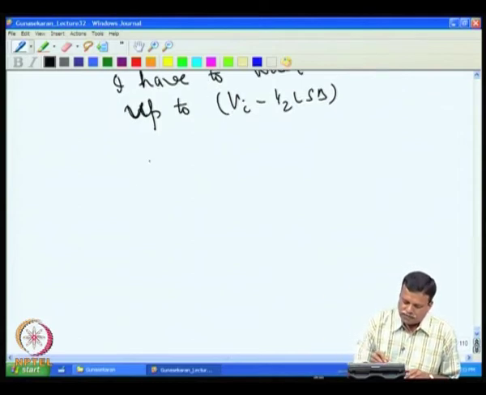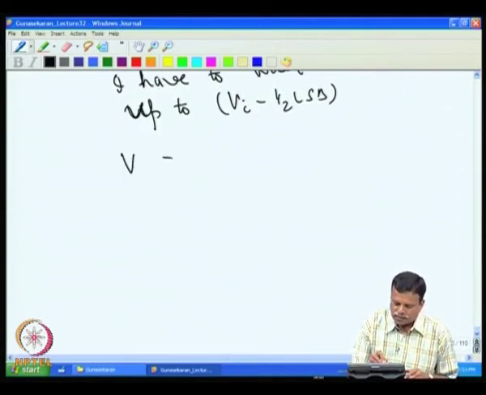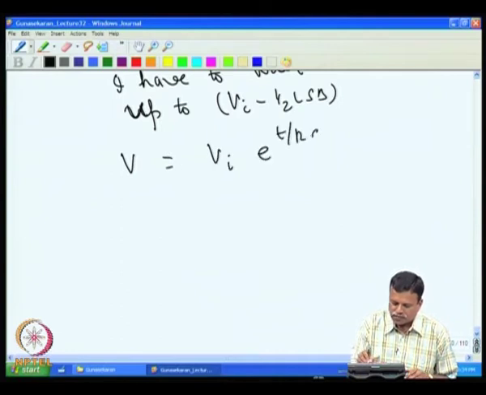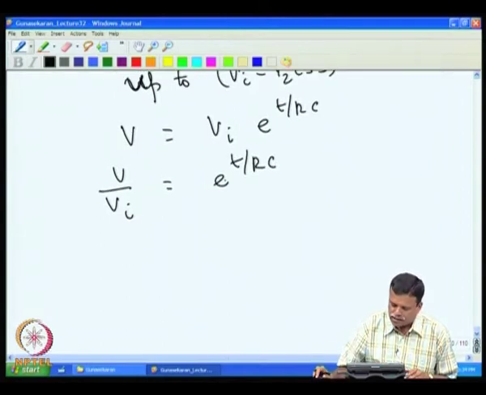Now we can solve this equation. If I simplify it, you get this equation.